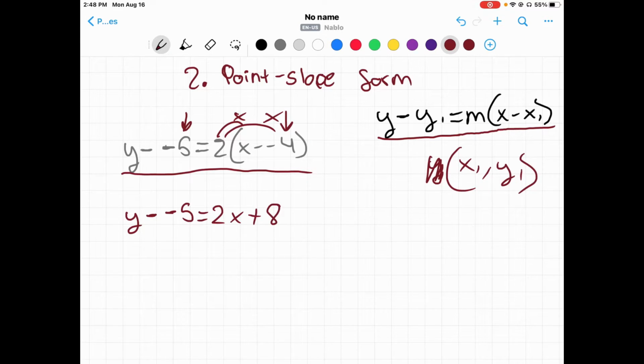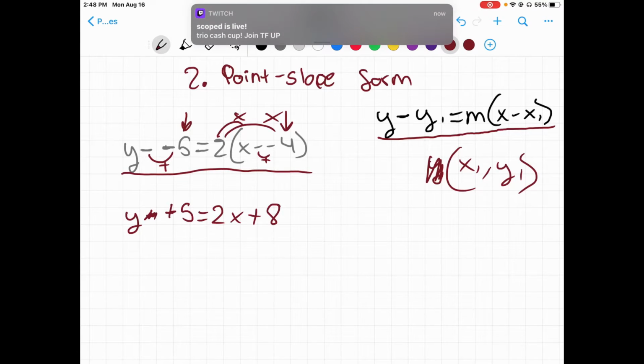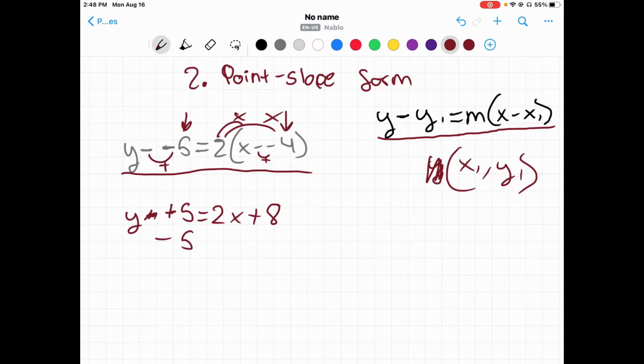I forgot to mention that since this is minus and negative, this becomes a plus, and so does this, since it is also minus negative, in this case minus -5. So this would just become y plus 5 equals 2x plus 8. Now we would subtract 5 from both sides, and we would get y equals 2x plus 3.